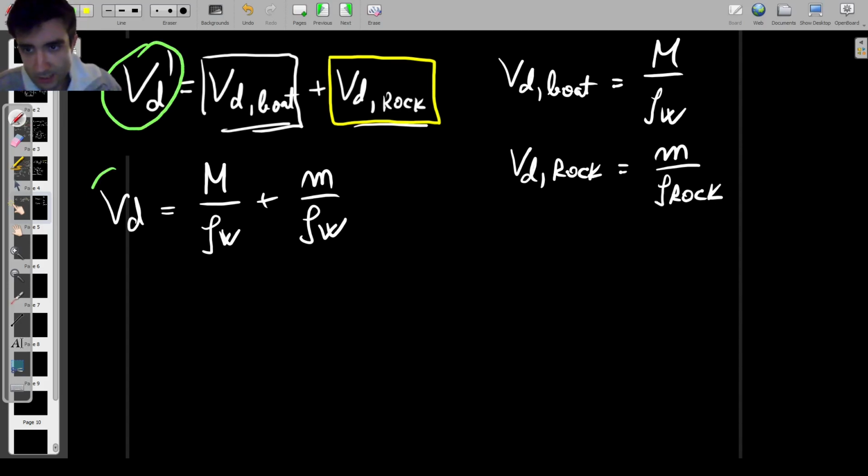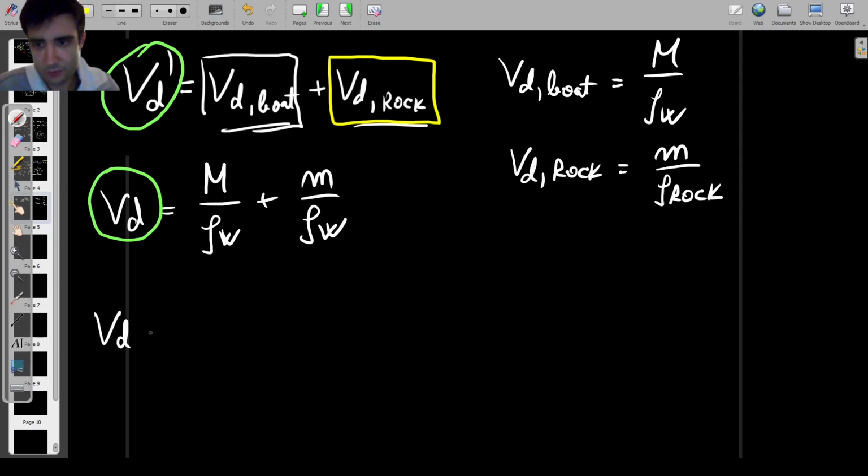So all we have to do now is compare those two values, this one and this one here, and see which one is bigger, because whichever one is bigger tells us in which case there's more water displaced, and effectively in which case the water level will be higher. So let's do it this way.